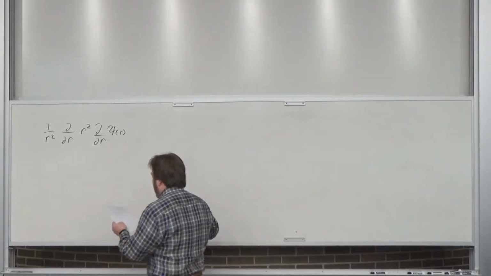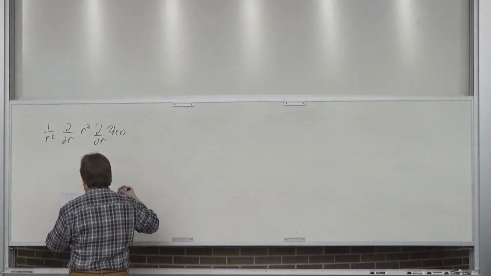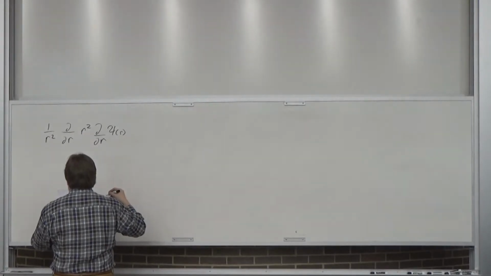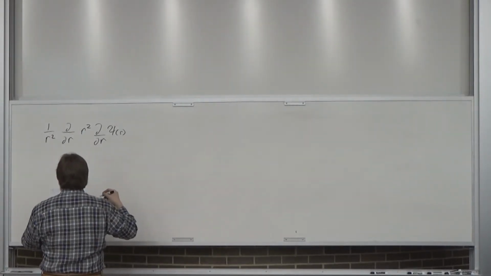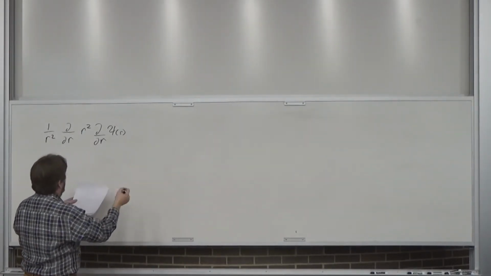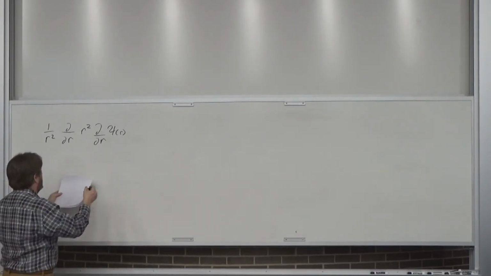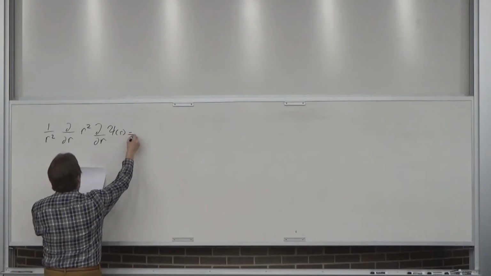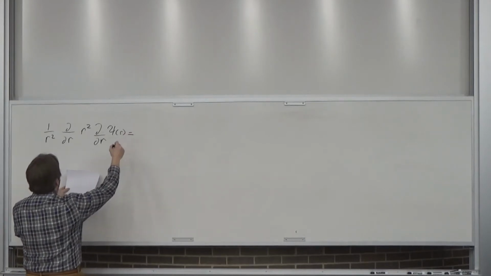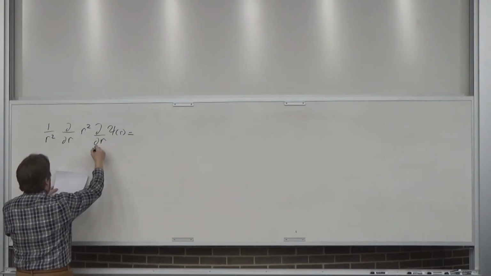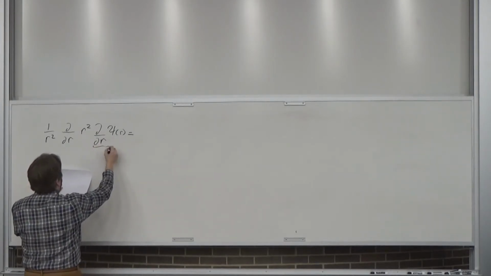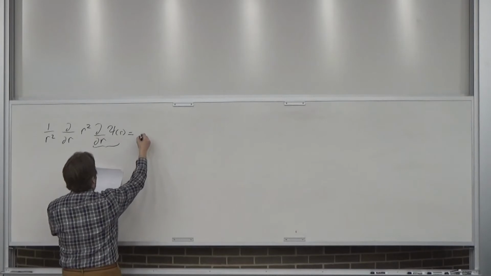Now, what I want to show is that I am going to operate on a wave function, and I'm going to show that this can be simplified into another form. So what is this? Let's see. We're just going to call this thing the derivative. There's not a lot we can do with this.